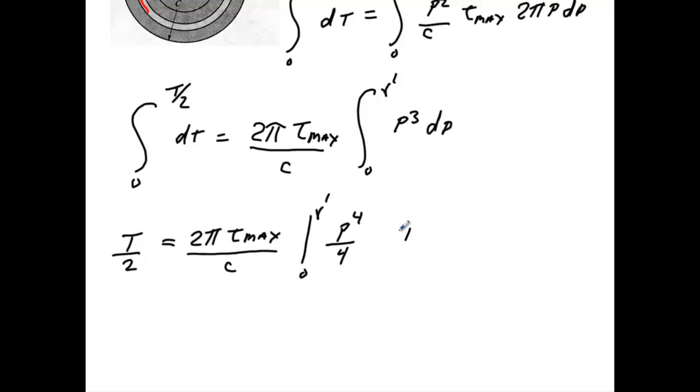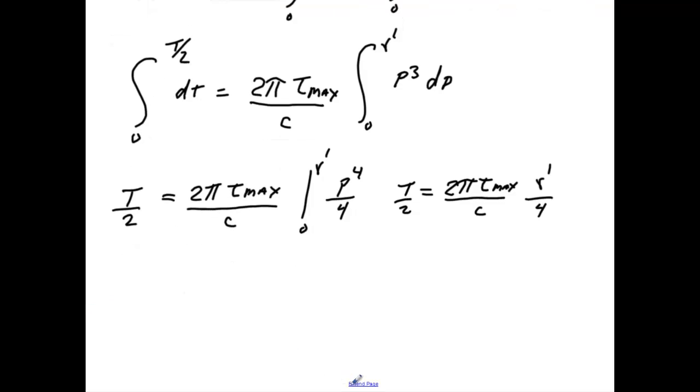So then I'm going to have t over 2 is equal to 2 pi times my shear max over c times r prime over 4. Okay, we almost got this problem done.